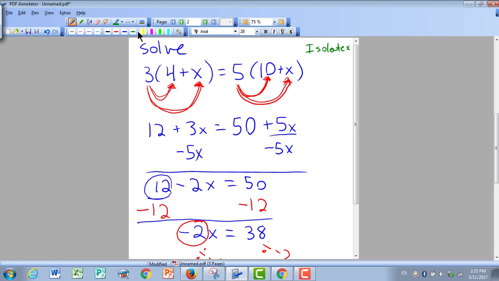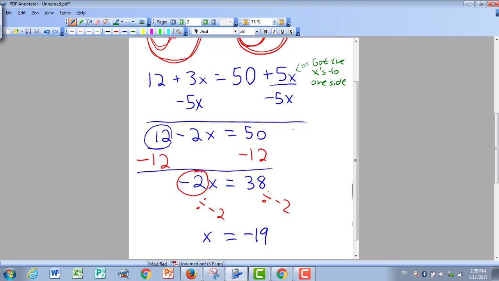So first, I got rid of the brackets. Get rid of brackets by distributing the outside numbers in, multiplying them in. And then I got the x's to one side. So I brought them all to the left.